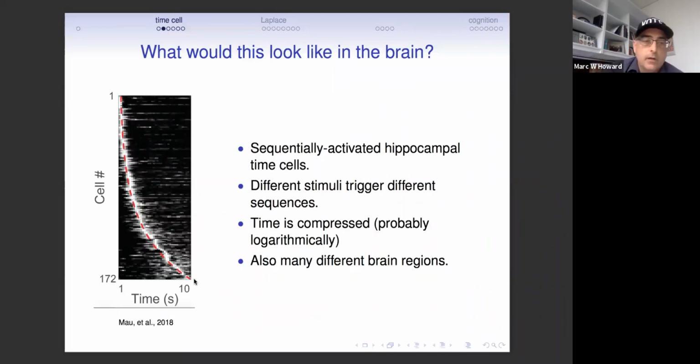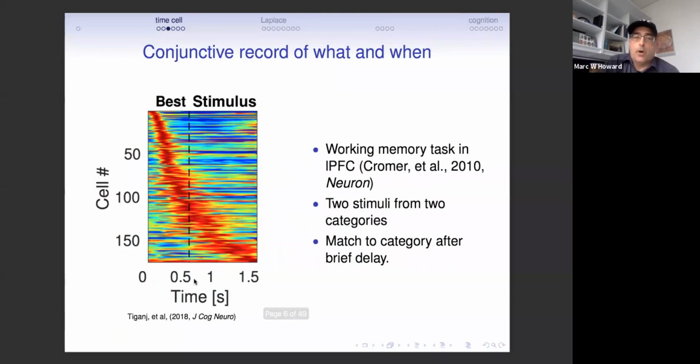This is a paper from recordings done by Earl Miller's lab, originally published in a 2010 Neuron paper. We're looking here at reanalyses by Zoran Tiganj, who's currently in the Department of Computer Science at Indiana University. In the task, the monkey has to remember what stimulus began the delay.